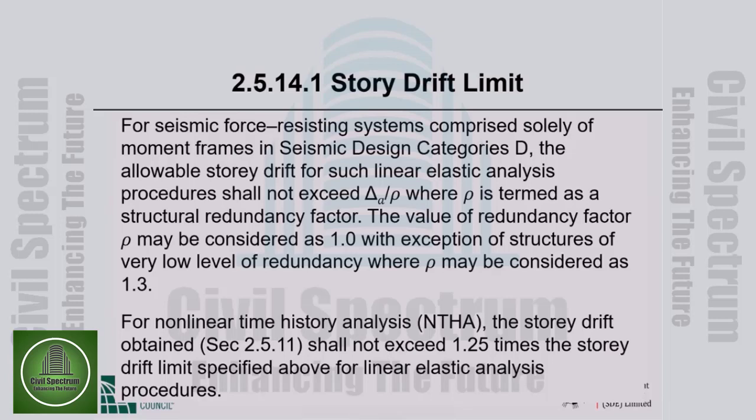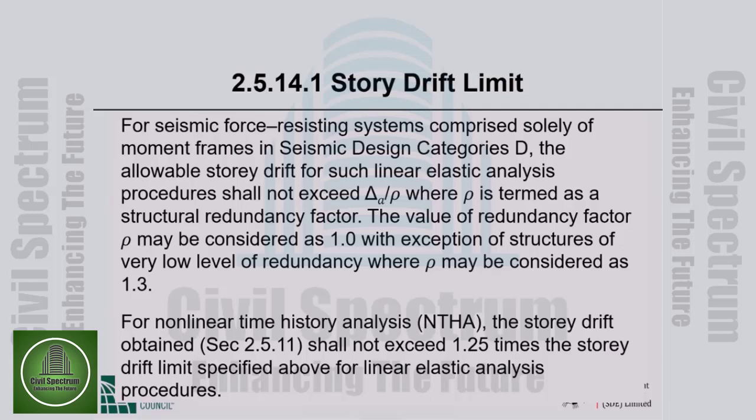BNBC 2020 has none of that. We in BNBC do not have the redundancy factor playing any role whatsoever in the design load combinations, and the code does not even talk about redundancy except here, interestingly.